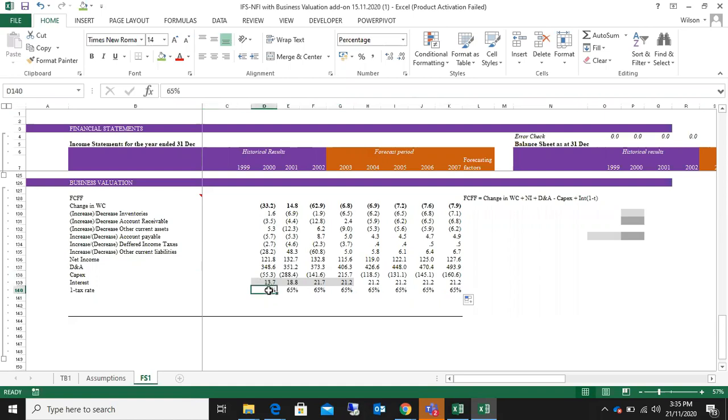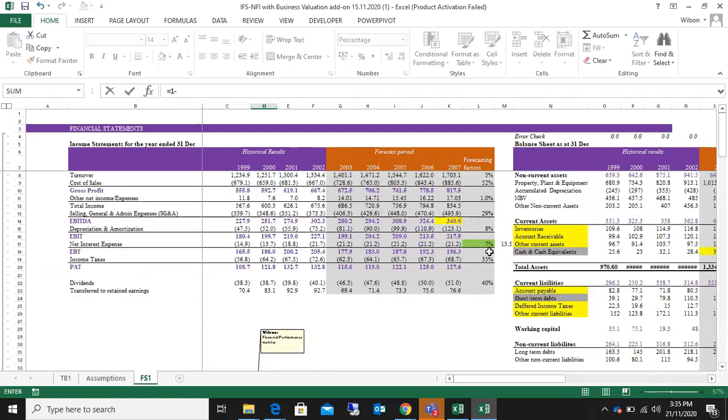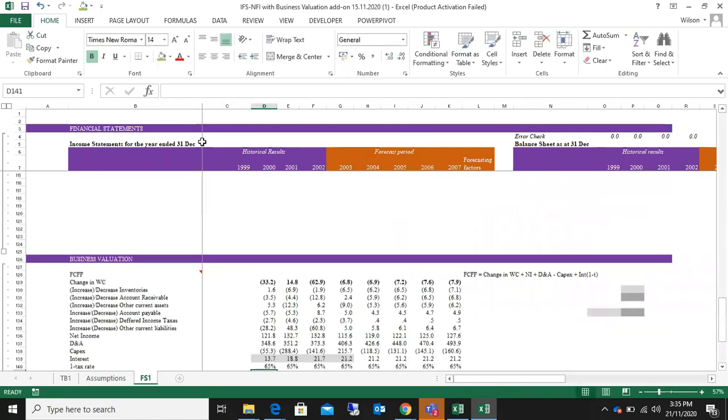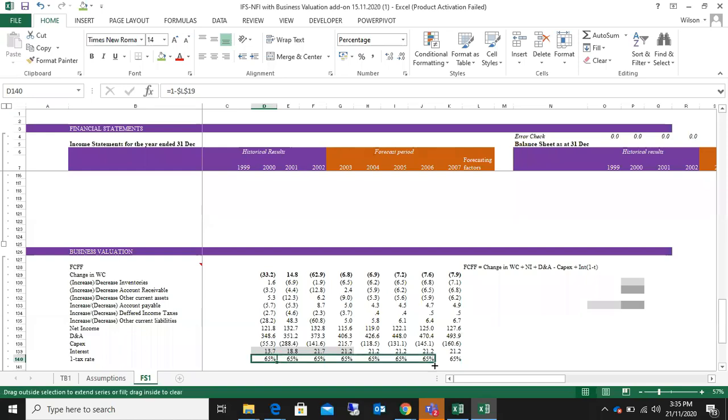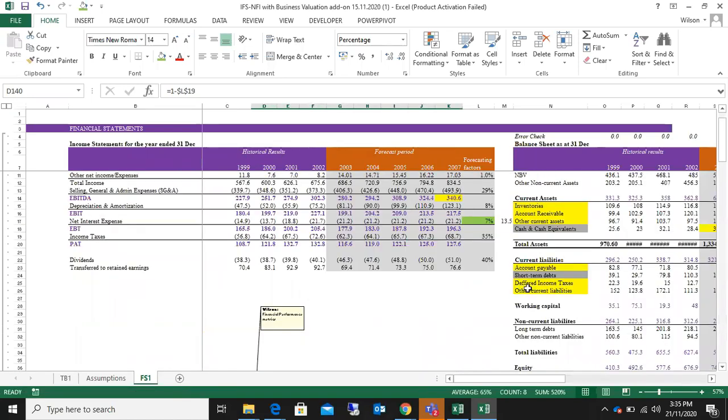But it's always better to use the formula instead of just 1 minus. So I'll pick this, then fix that, and then drag. This is always better because at any point in time, I may want to change this tax rate.